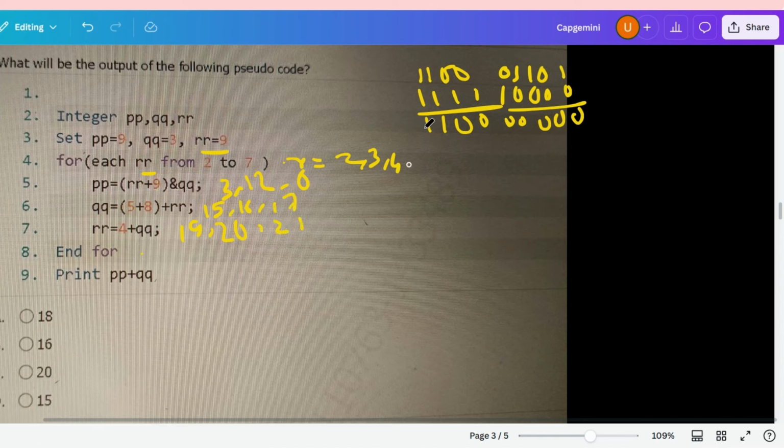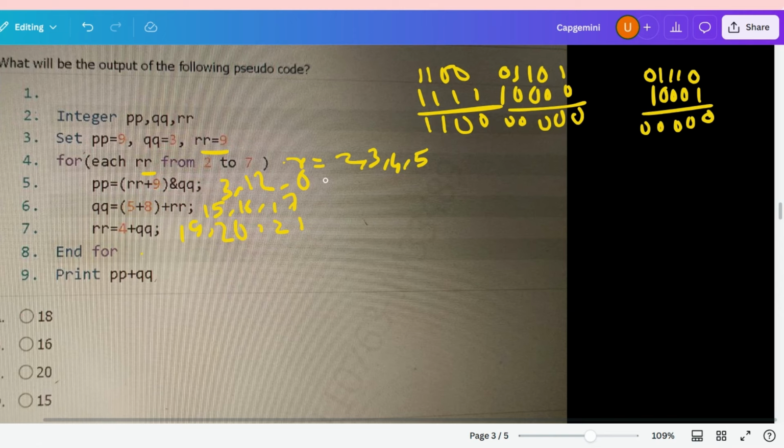In the next iteration, the r is now 5. So 5 plus 9 is 14, and q is 17. 14 is 1110, just add a 0 on the left side. 16 is 10000, so 17 will obviously have 1 here: 10001. So this is false, false, false, false, false, and all becomes false.